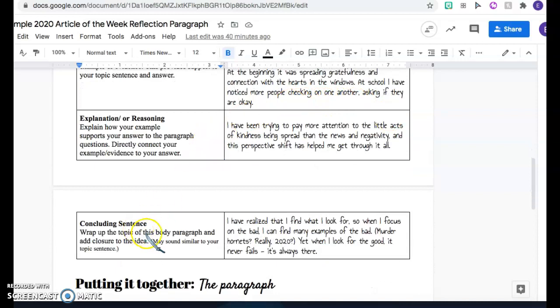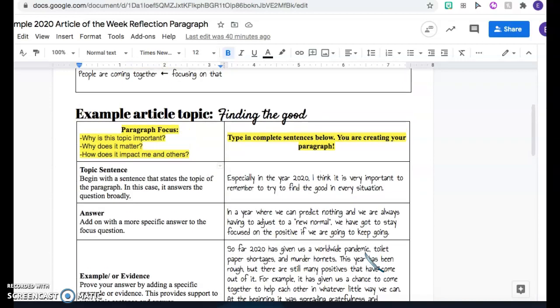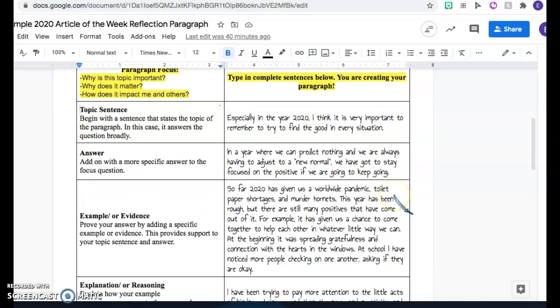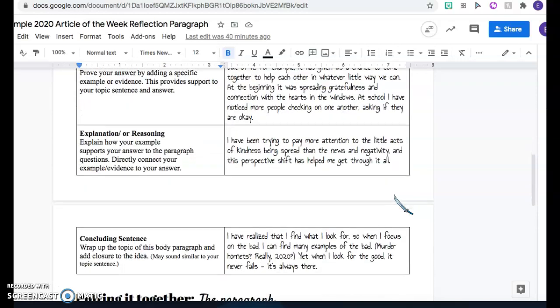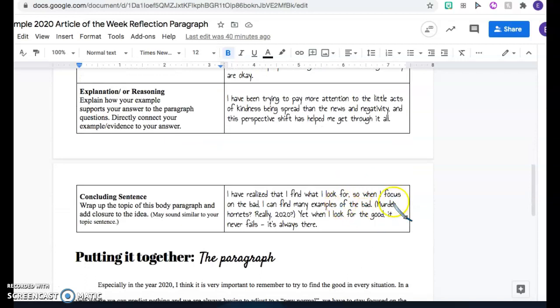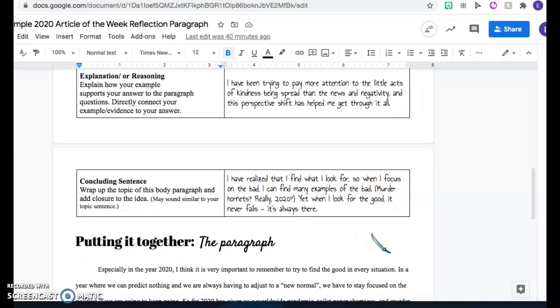The last section is the concluding sentence, in which you are going to wrap up the topic of the body paragraph. One easy place to look is back up at your topic sentence. This should not look the exact same. However, that is called a circular ending when you can come back to the basic idea presented in the beginning.